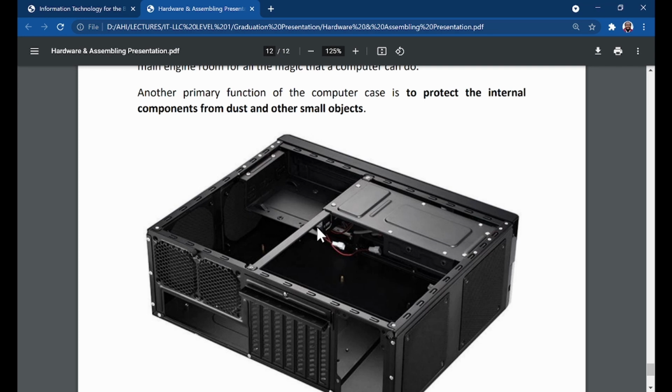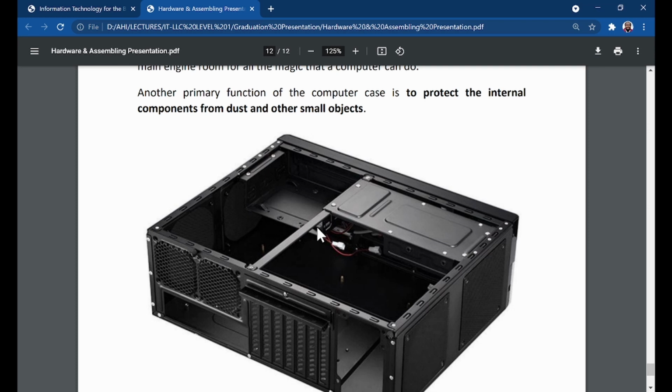Now, these internal components, they do not need dust. They are not like the external components that have coatings and are protected. The internal components are circuit boards and chips directly, and they cannot be exposed. So they need to be protected from dust and other small objects.